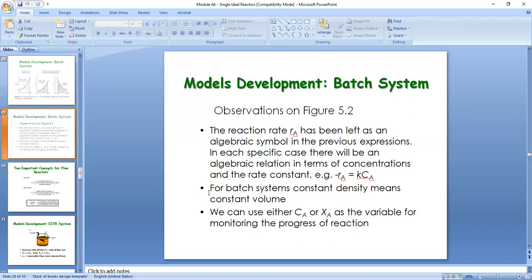In the special case, there will be an algebraic relation in terms of concentrations and the rate. For example, you have here the rate and concentration. So for a batch system, constant density means constant volume, and you can use either concentration or conversion as a variable for monitoring the progress of the reaction. Okay, as you can see in here.